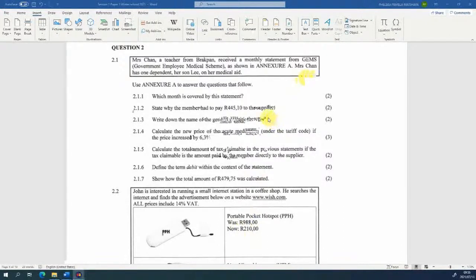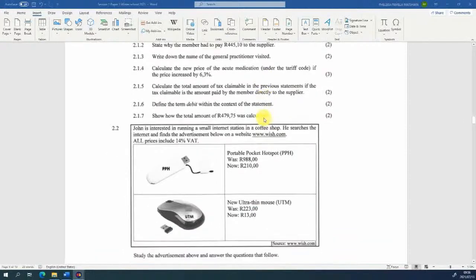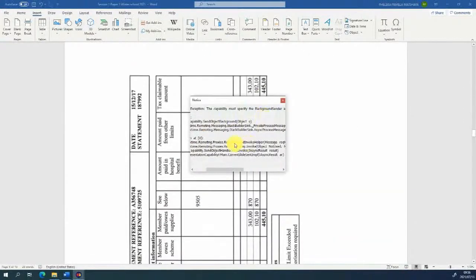Now, my method with this question will always be to first go to your annexure and spend some time. Let's spend some time there to make sense of our annexure.